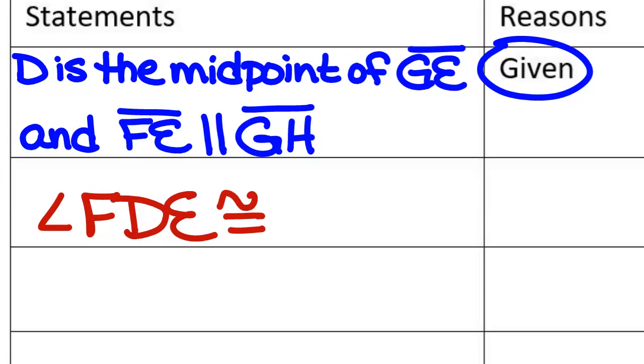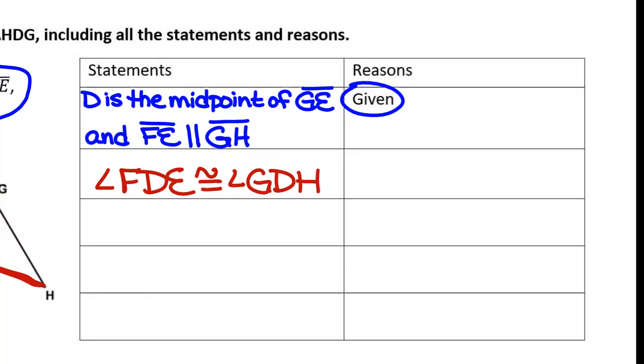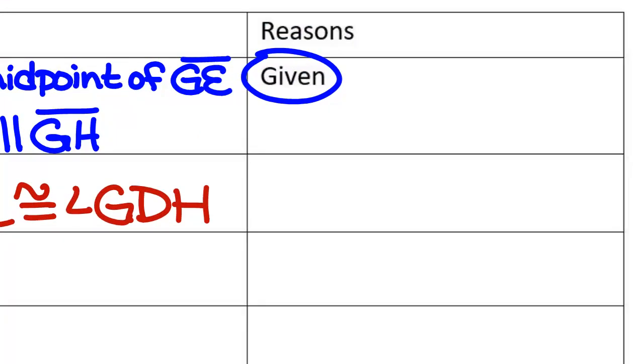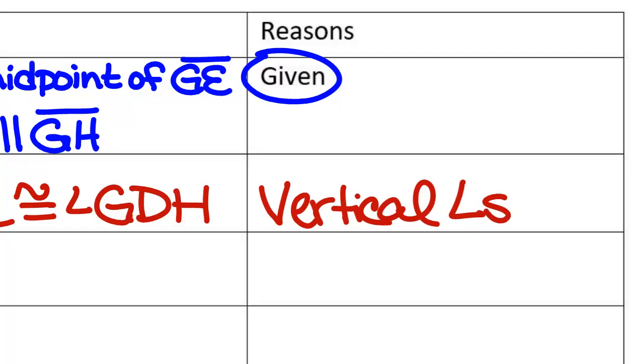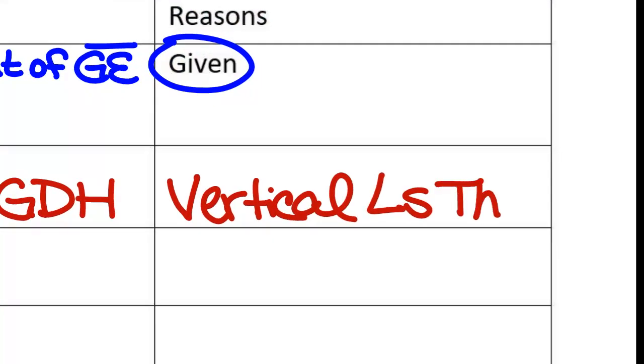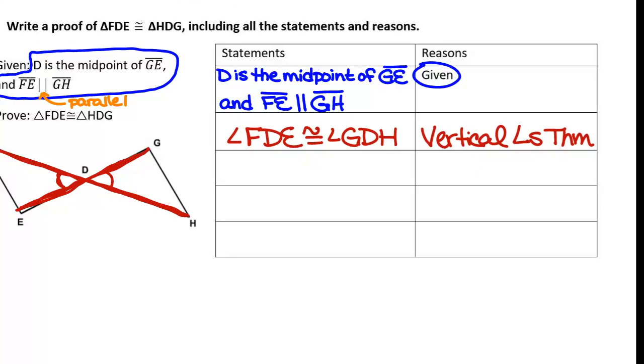Angle GDH. What type of angle are they? Vertical angles. And so we are using the vertical angles theorem to say that those vertical angles are congruent to each other.